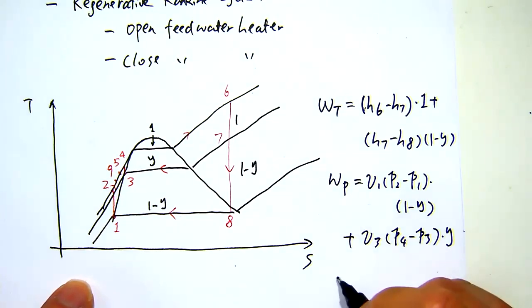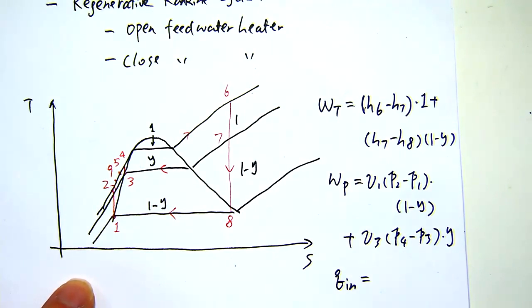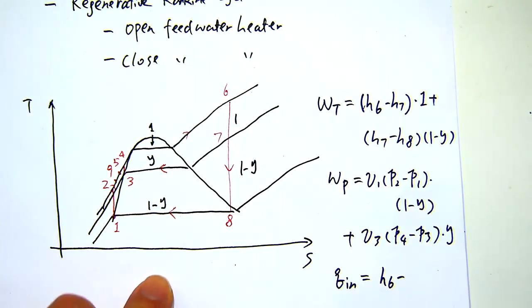And the Q in is H6 minus which state? Looking at here, the 5 is the combined flow of the 9 and the 4.